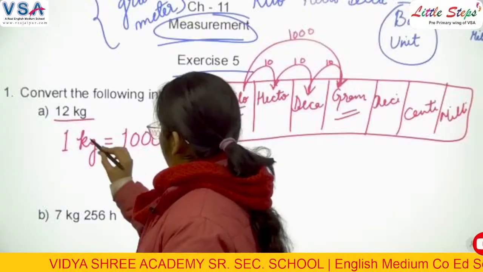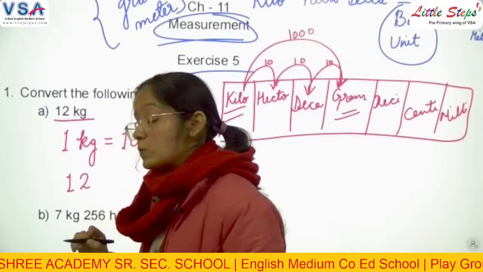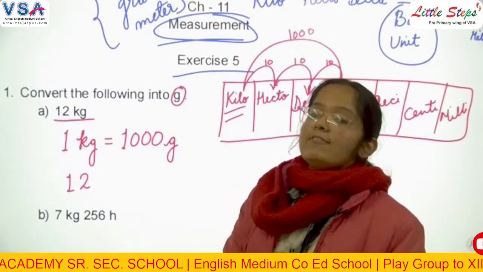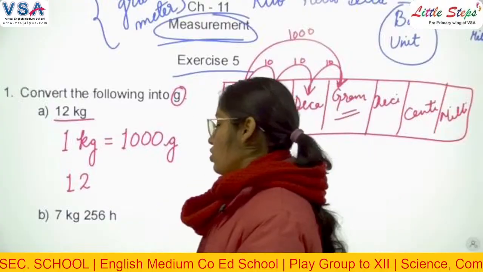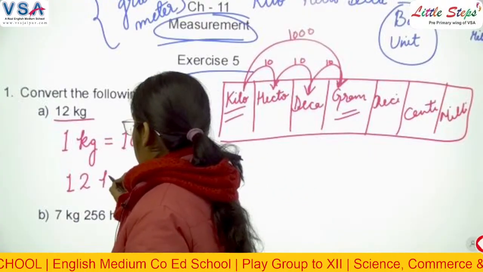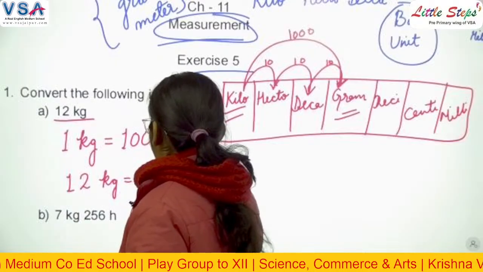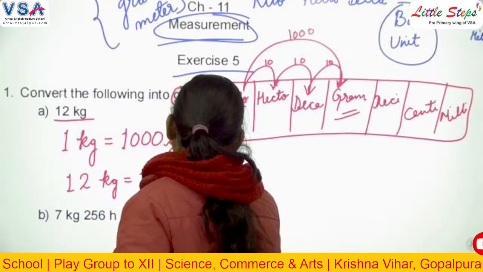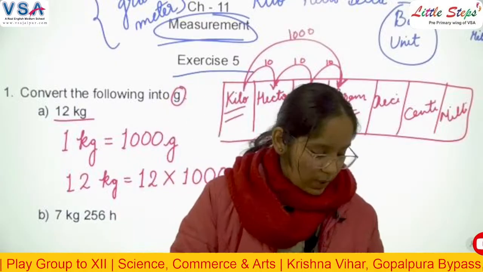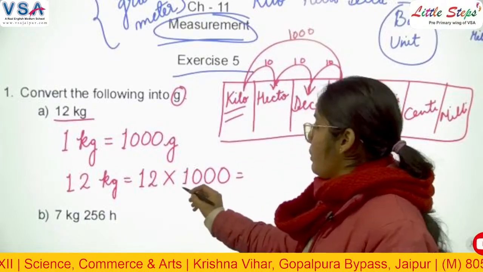Next, 12 kg. If 1 kg has 1000 grams, then how many grams will 12 kg have? We will multiply. So 12 kg equals 12 multiplied by 1000. We first see how many zeros are here.